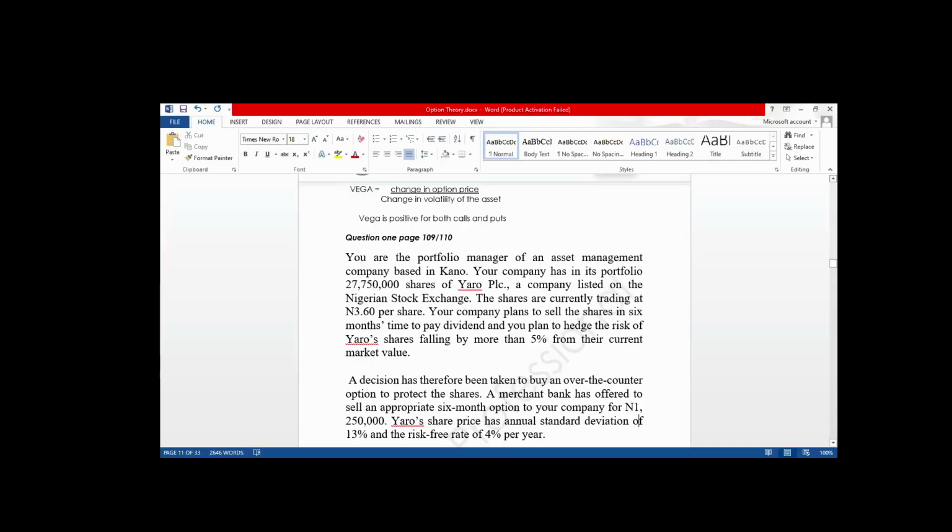That means you need to buy a put option. A put option will give you the right to sell your shares at a price agreed today. That means you need to buy a put option.